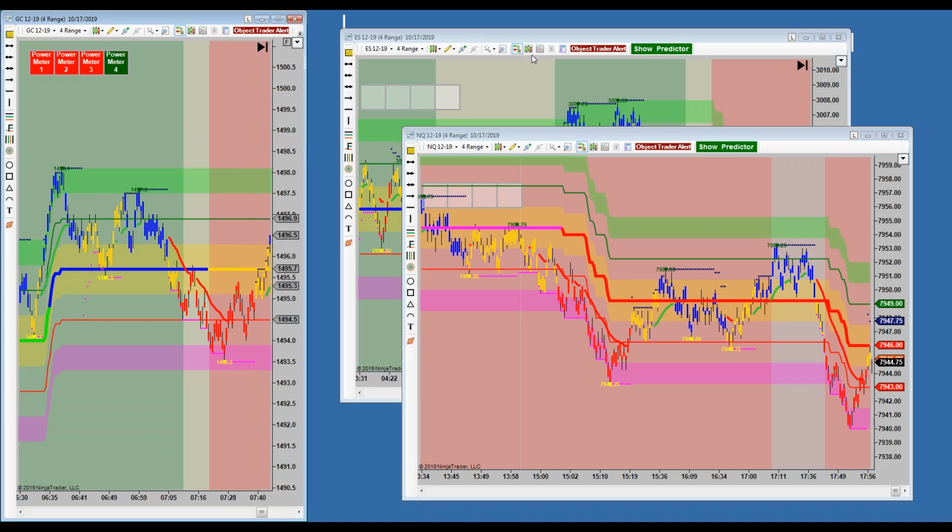All right, I've got the gold on the left, and I'm going to try to get ES in the middle, and get this all lined up. And hopefully the correlations will at least work at some point. I'm going to put NASDAQ on the right, and ES right in the middle. Okay. It's going to be a little crowded.